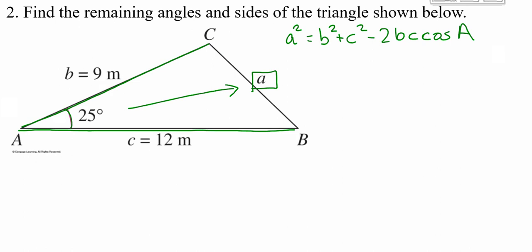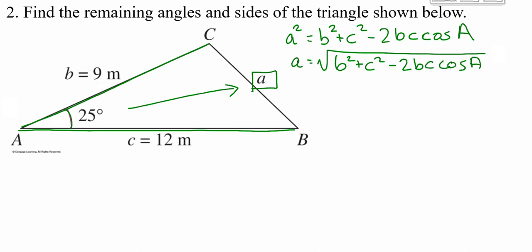So then I like to just change it into a equals the big square root of b squared plus c squared minus 2bc cosine A. This is a nice plug and chug problem as we go through. So now I just plug it in and chug and I can get it.